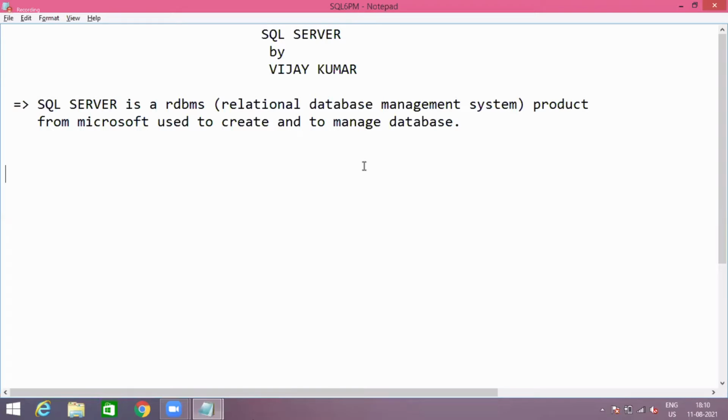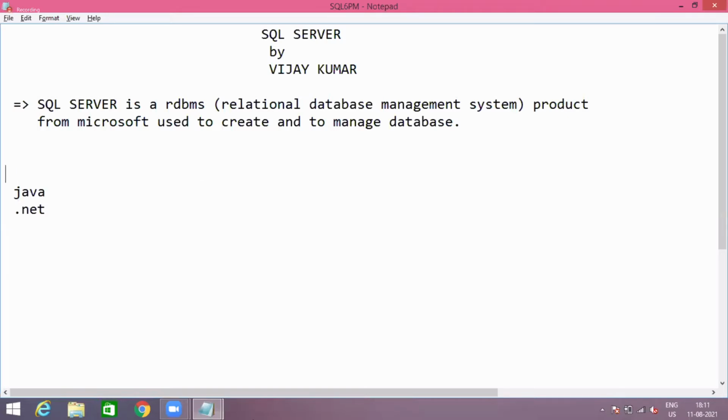Okay, understood. Now, this is an RDBMS product. Any software you take will be developed based on some theoretical concept. Like Java, .NET, C#.NET, they are developed on theory.